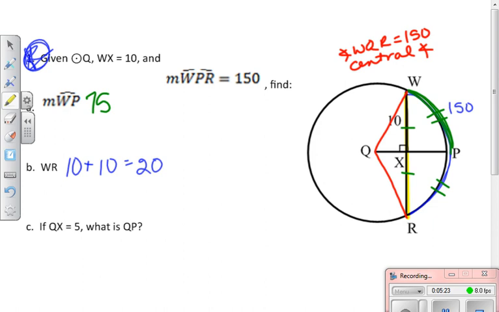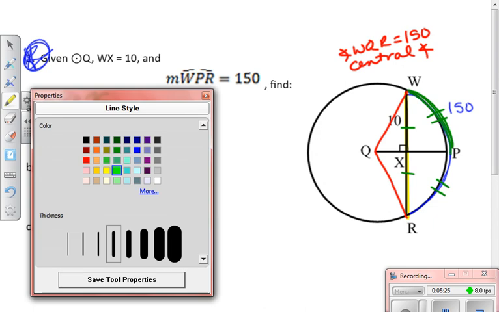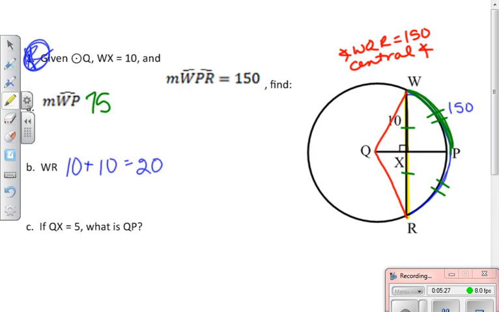Now, where things get really interesting and we start combining our different sections is if we are looking for QX. Well, where is QX? QX is right here. Well, that little piece right there, I don't know that that radius is bisected, and that is a big mistake kids make. But if I look at this figure right here, I have a right triangle.